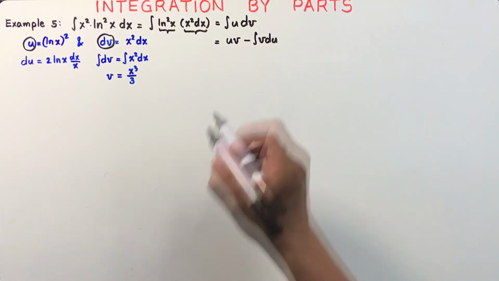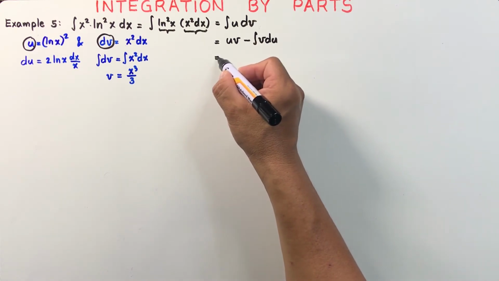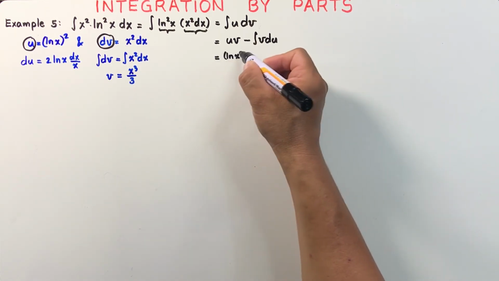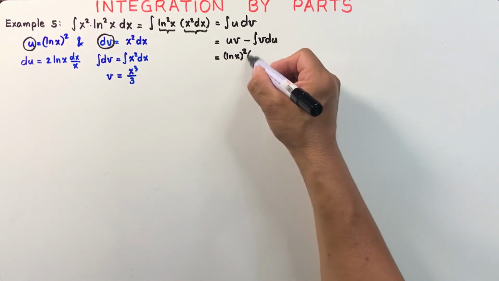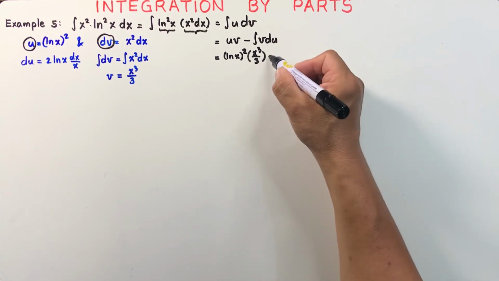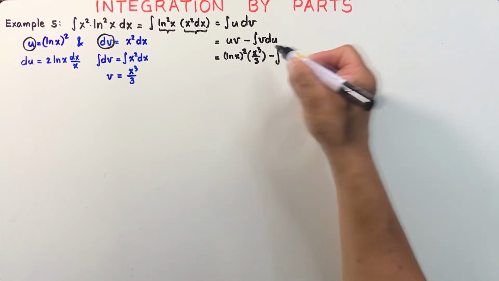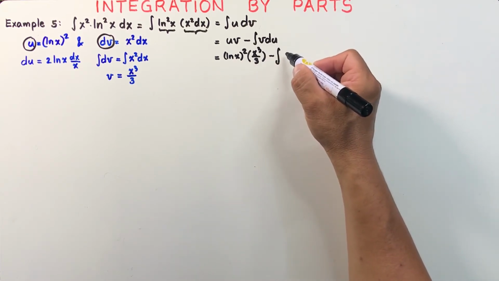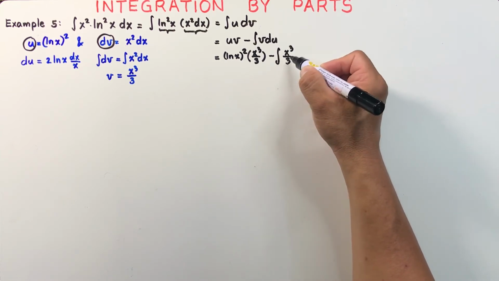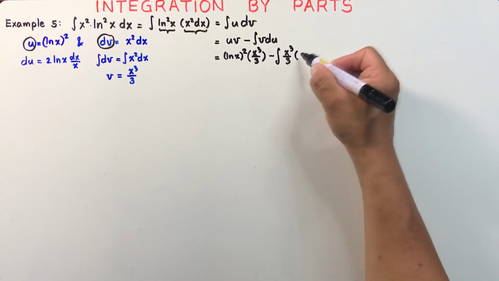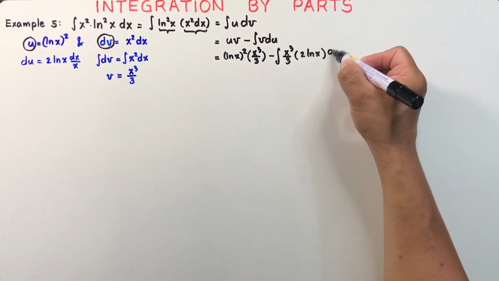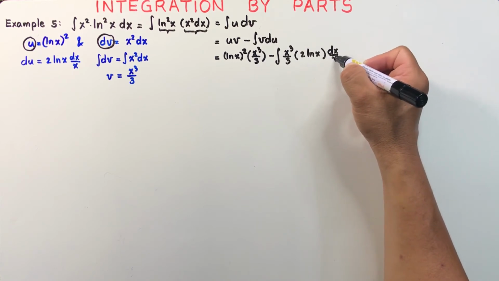So substituting back our representation for u, which is the square of ln x, times the v, which is x cubed over 3, minus the integral of v du, and our v is x cubed over 3 times du, which is 2 times ln x times dx over x.